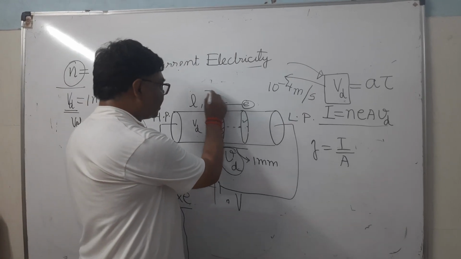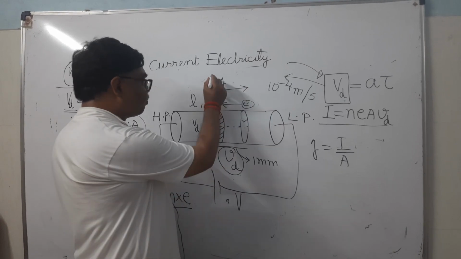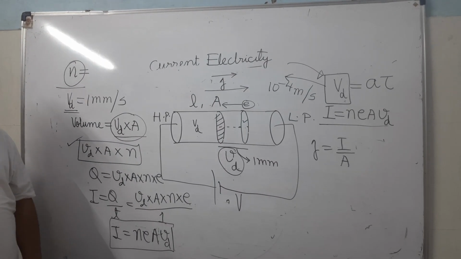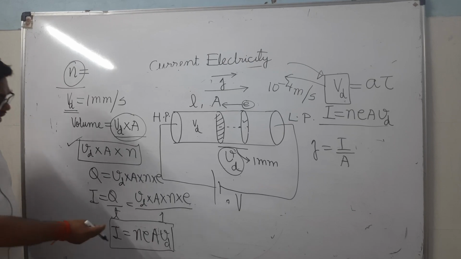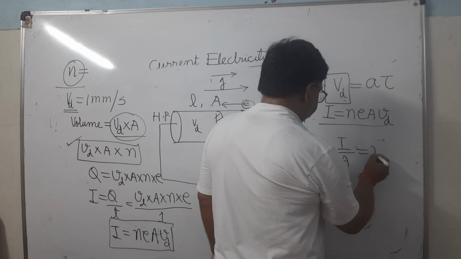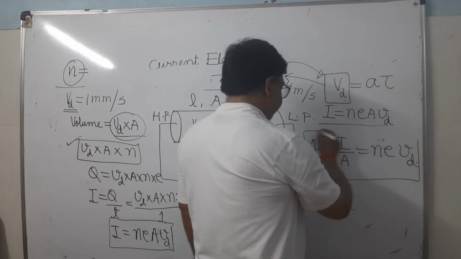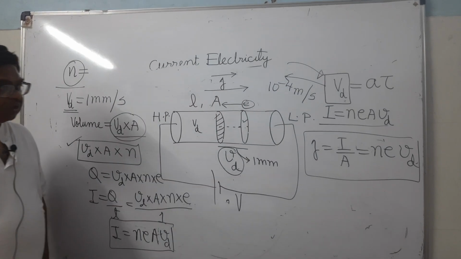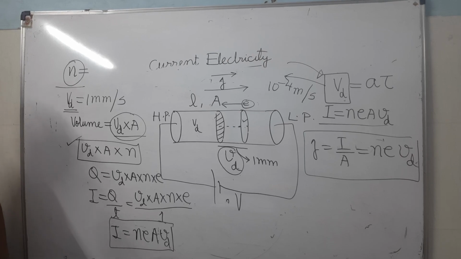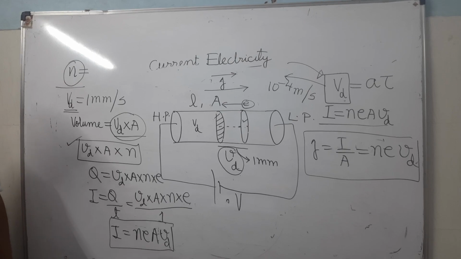It is in the direction of current, which means opposite to the direction of the electrons, opposite to where the electrons are going. So I upon A from here will be n into e into Vd. Current density J equals n e Vd. n is free electron density, e is the charge on 1 electron, Vd is the drift velocity.